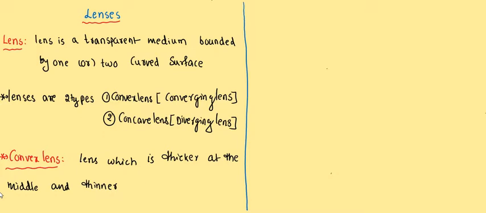If the center is thicker than the edge, then we can say that it is a convex lens. The lens which is thicker at the middle and thinner at the edges is called a convex lens.